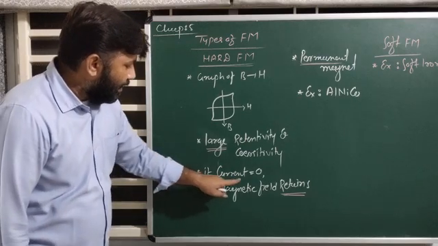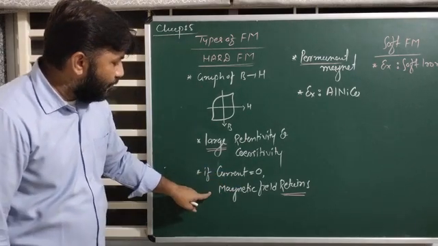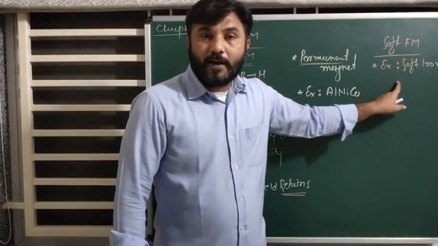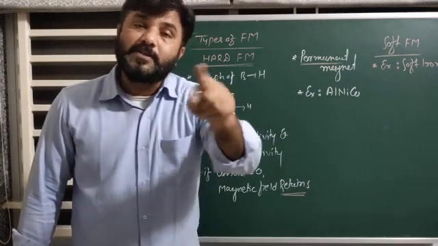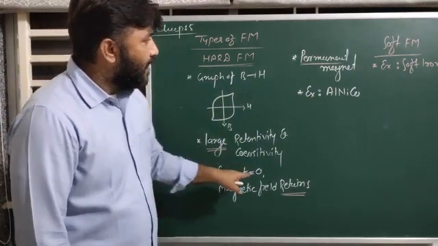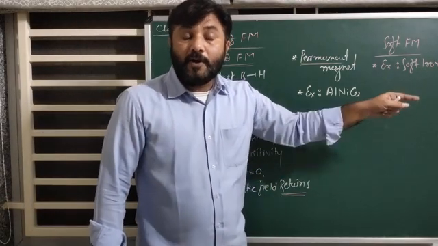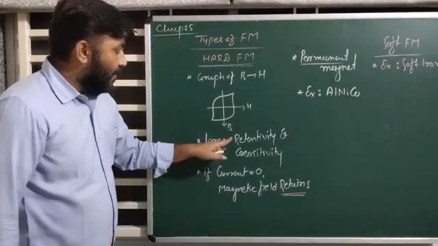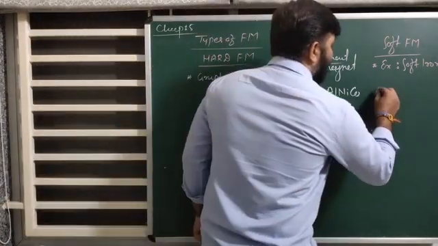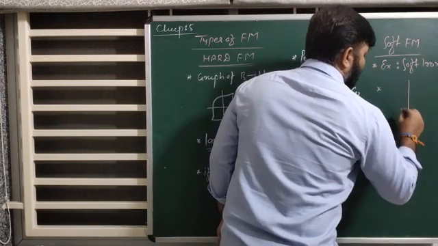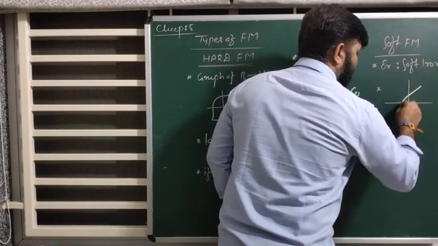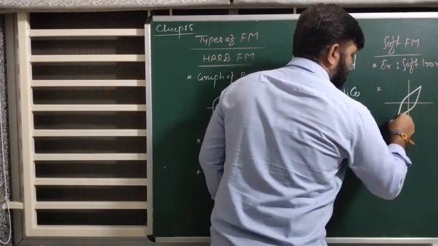Clear? If electric current is zero, in hard ferromagnetic material, the magnetic field retains. And in soft ferromagnetic material, the magnetic field also becomes zero. Hard ferromagnetic material has large retentivity and coercivity, soft ferromagnetic material has low retentivity and coercivity. And if we draw the graph, that graph will be slim like this.